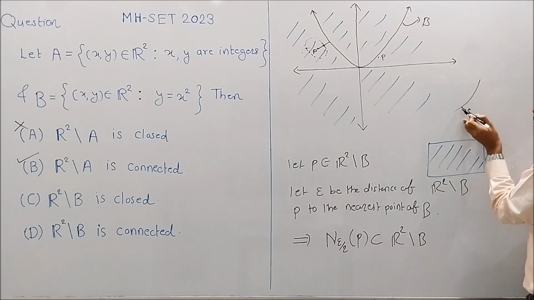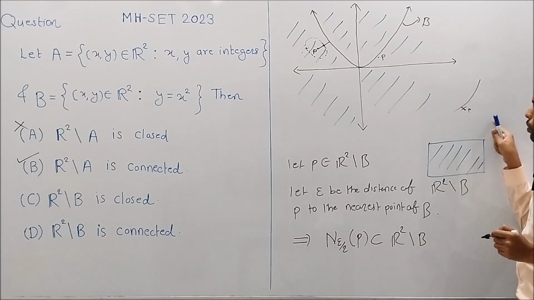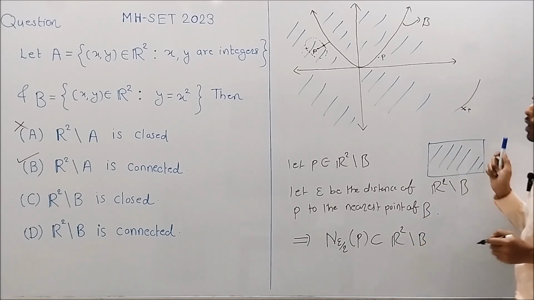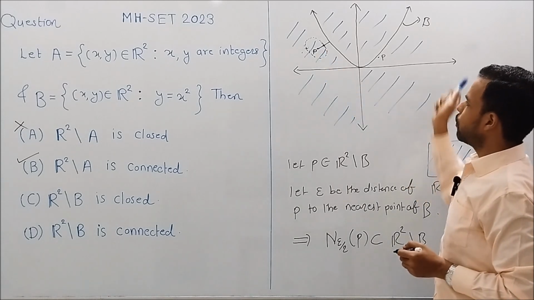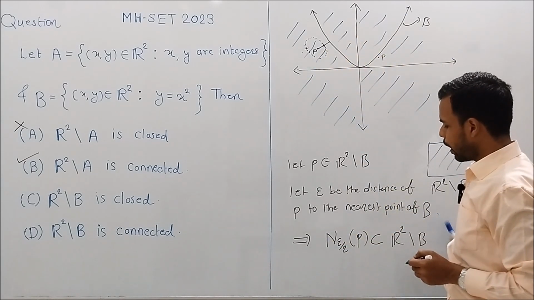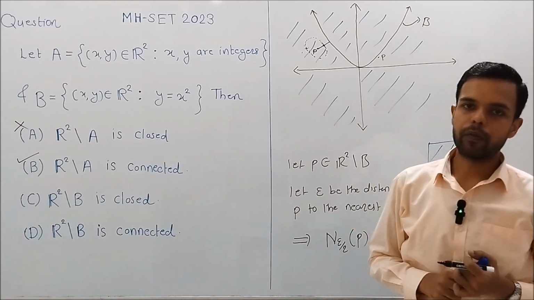You can take half of this distance as the radius of this neighborhood, and clearly that neighborhood is again contained in R2 minus B. So every point of R2 minus B is an interior point of R2 minus B.